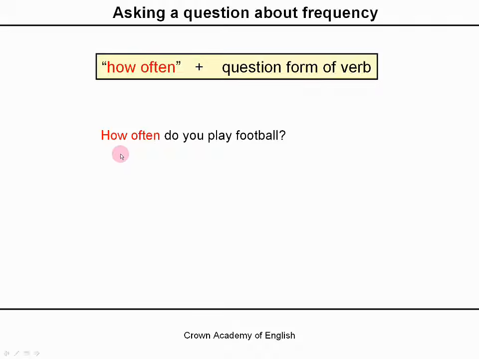So we have how often, and then this is simply the question form of the verb. And here it is the present simple tense, but it could be another tense if we wanted.